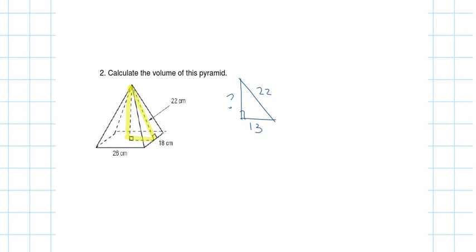So let's say I'm looking for side B in this case. So B squared equals C squared minus A squared, right? Because your Pythagorean theorem says A squared plus B squared equals C squared, and you have to solve for B. So B squared equals 22 squared minus 13 squared.